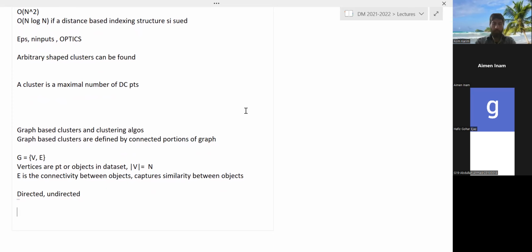So let's say you have a data set and you want to create a graph from it. So what can you do? Let me start first with some problems that naturally lead to a graph.